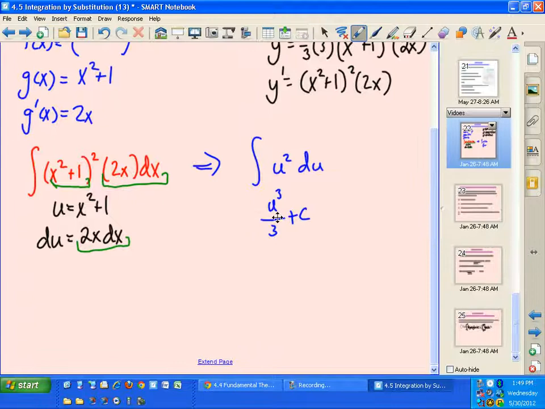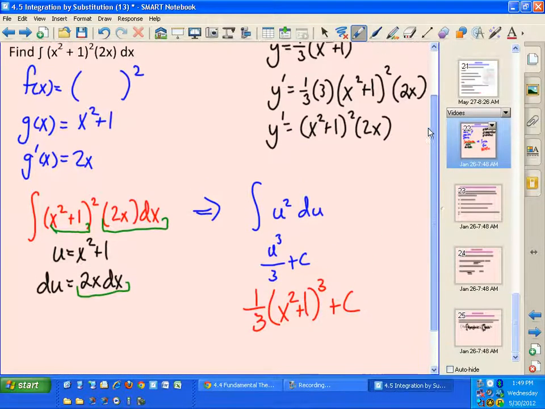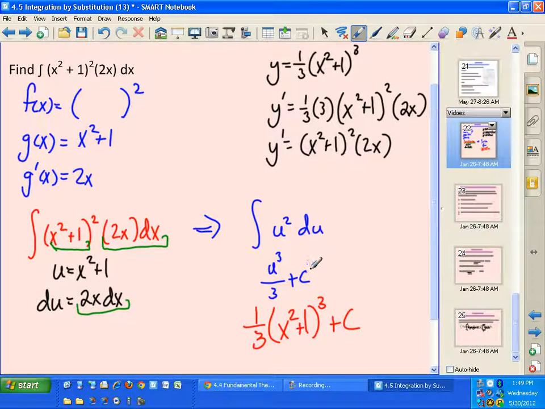Rewriting, if I substitute in what u was, x squared plus 1, I can write this as 1/3 times (x squared plus 1) cubed plus c. And don't forget our constant of integration, because we don't know that this thing may have started at 0 or somewhere else, so we needed to make sure that we hung on to this constant of integration.